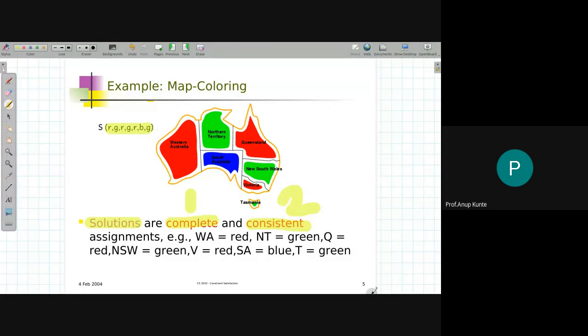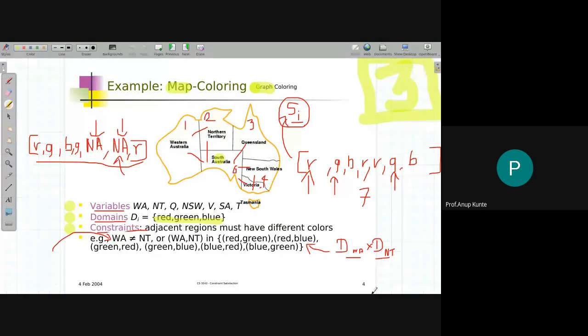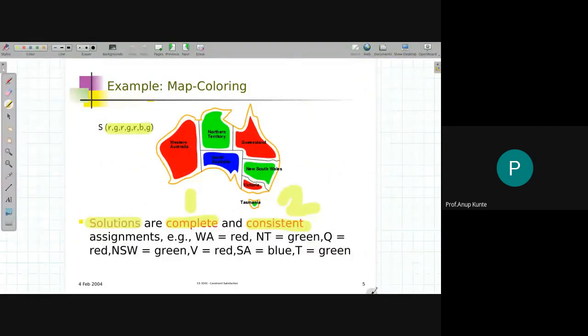A complete assignment is the assignment of values to every state variable in the definition of the state. A consistent assignment need not always be complete; a consistent assignment can also be an incomplete one. I showed you one incomplete assignment already. A consistent assignment is one which does not violate any constraint of the problem.